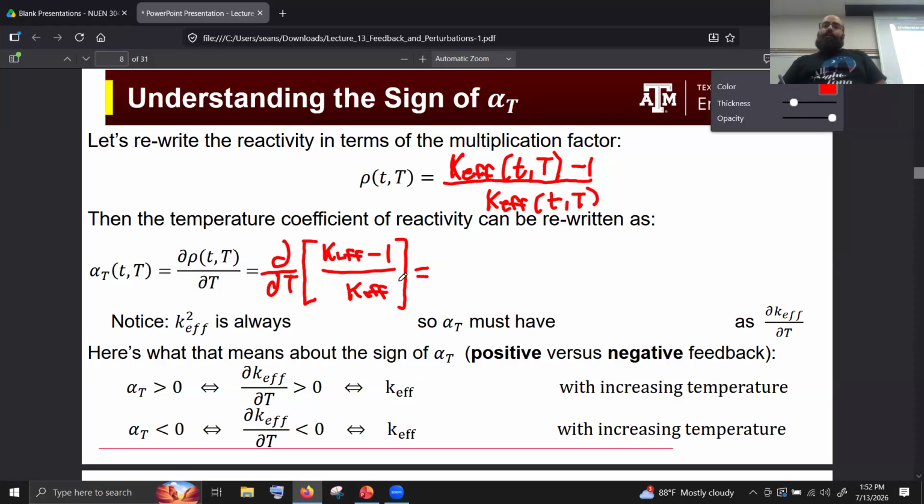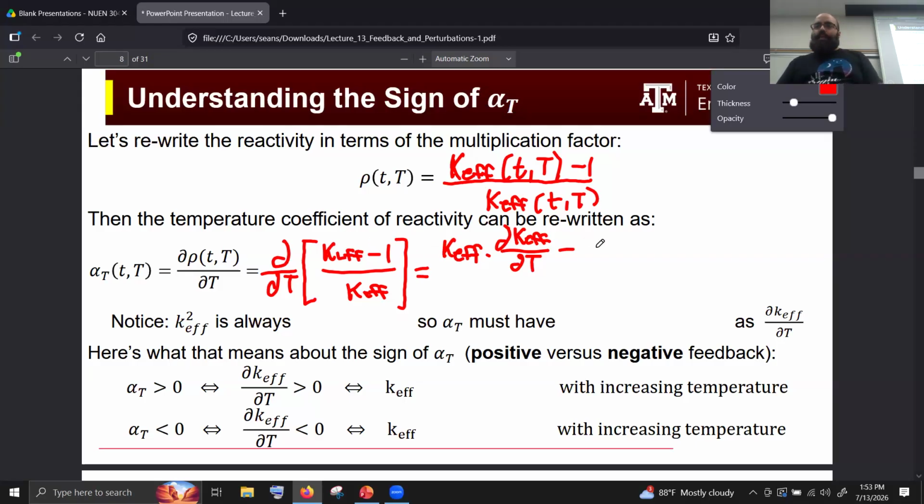So if I do the low function times the derivative of the high function, then my low function is K effective. And then I do the low function times the derivative of the top function. And the derivative of 1 is 0. So then the derivative of the top function is just dK effective dt. So that's my low times the derivative of the high function. And then I do minus the high function times the derivative of the low function.